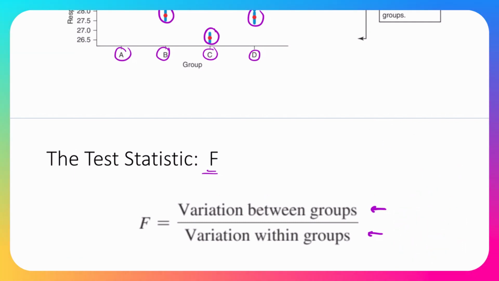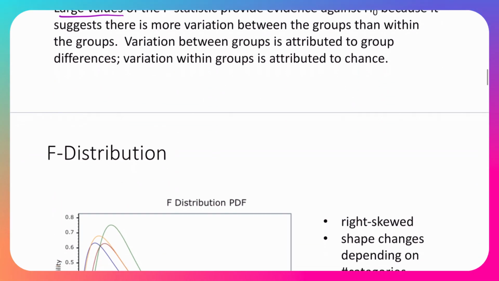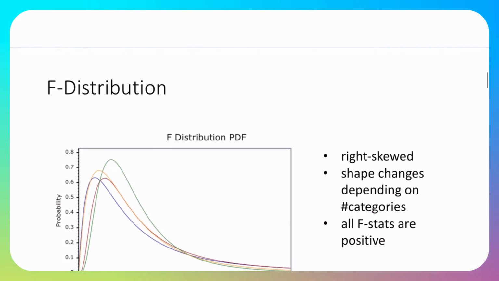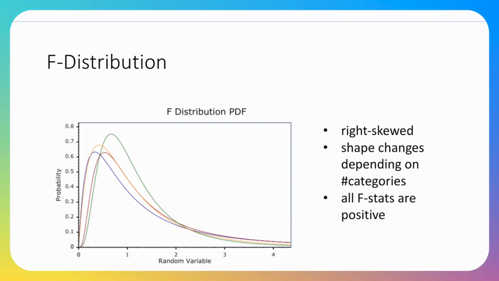So let's take a look then at where we are. The test statistic is called the F statistic because it uses the F distribution. Just like we were introduced to the chi-square distribution last class, the F distribution also is similar to the chi-square distribution in that it's right skewed. The shape changes depending on the number of categories, and all of the F statistics are positive.